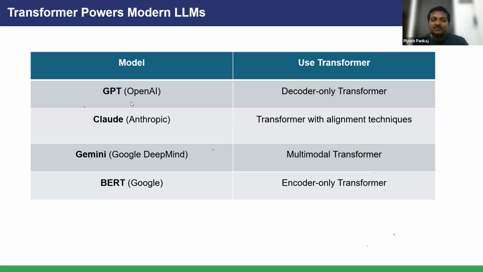The GPT model comes from OpenAI, the owner of ChatGPT, and it is a decoder only transformer. Claude from Anthropic is a transformer aligned with techniques. Gemini, developed by Google DeepMind, is a multimodal transformer. Multimodal, what is multimodal? We'll discuss this. Then we have BERT, which is an encoder only transformer.